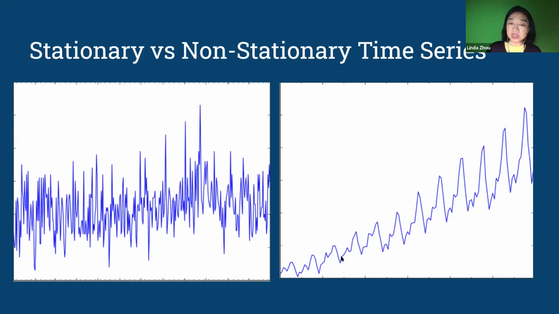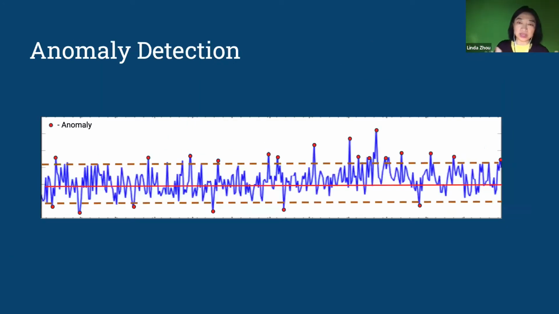Versus this one, you can see it's going up, so it has a trend. This is the graph I took, and the red line in the middle is the mean, because this data has no seasonality and no trend.